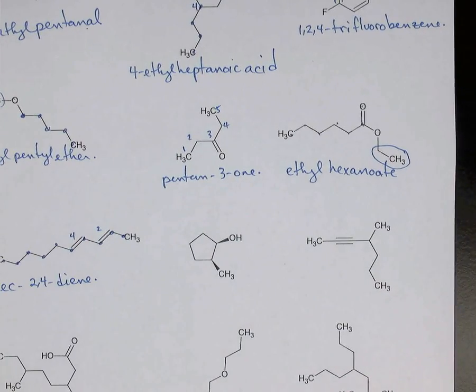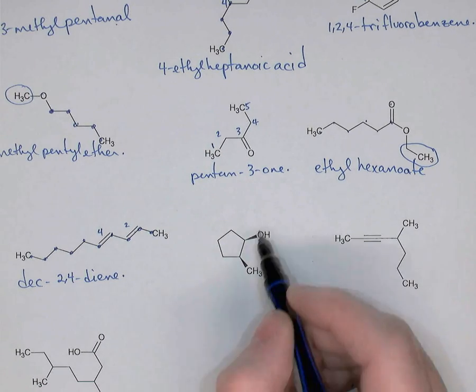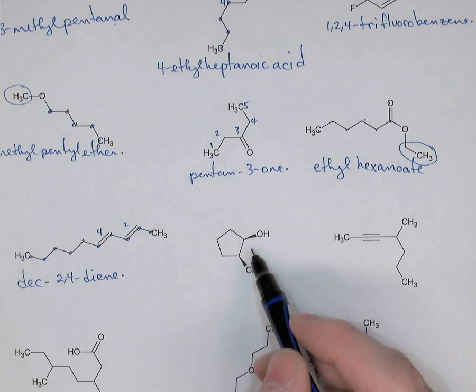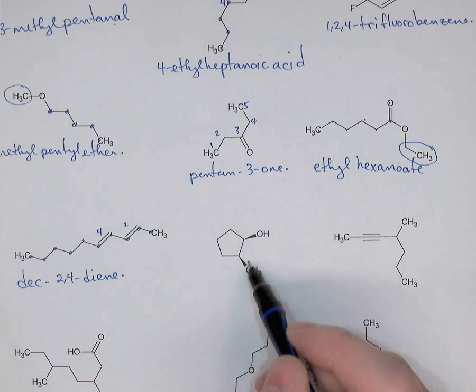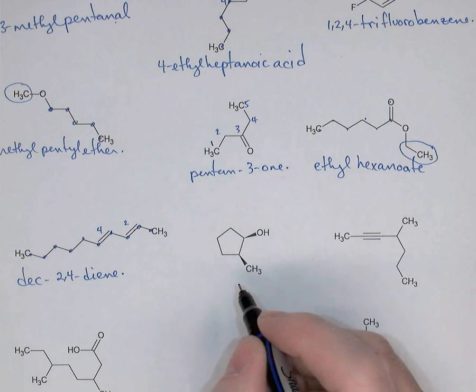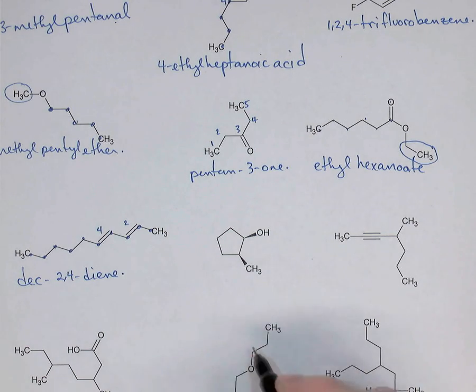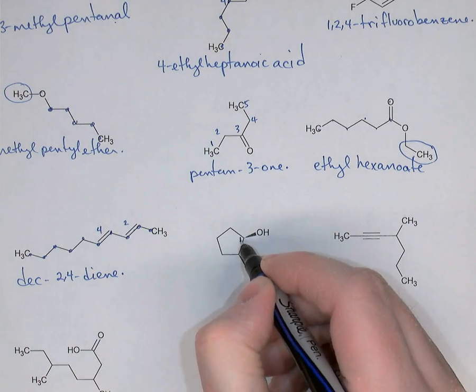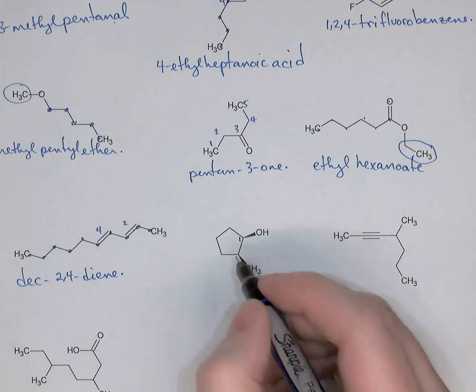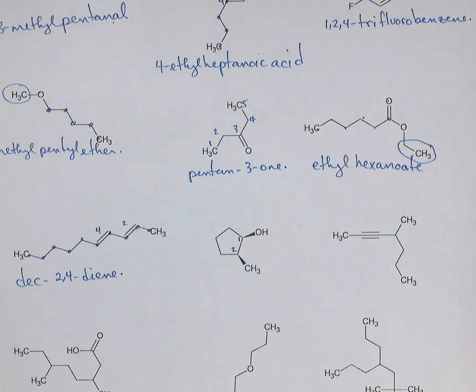Next we have a cycloalkane with an alcohol group attached. 2 solid wedges means these 2 branches are coming up towards us on the same side of the ring, so it's going to be a cis isomer. The alcohol group would be attached to carbon 1 in the ring, takes priority, so the methyl branch is carbon 2 attached to carbon 2.